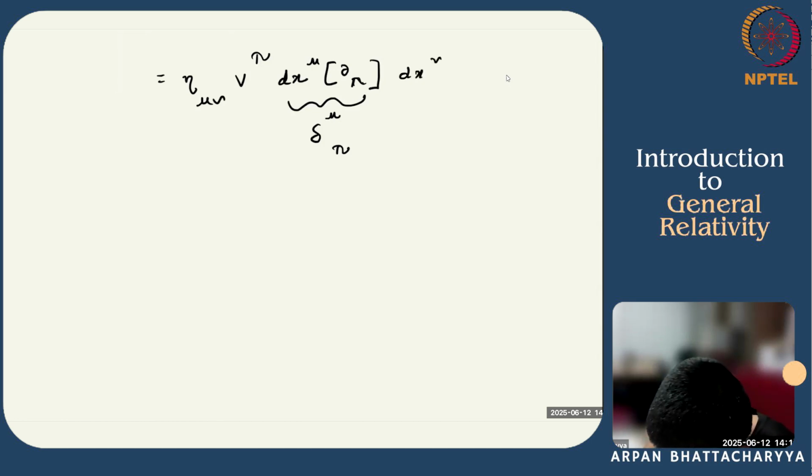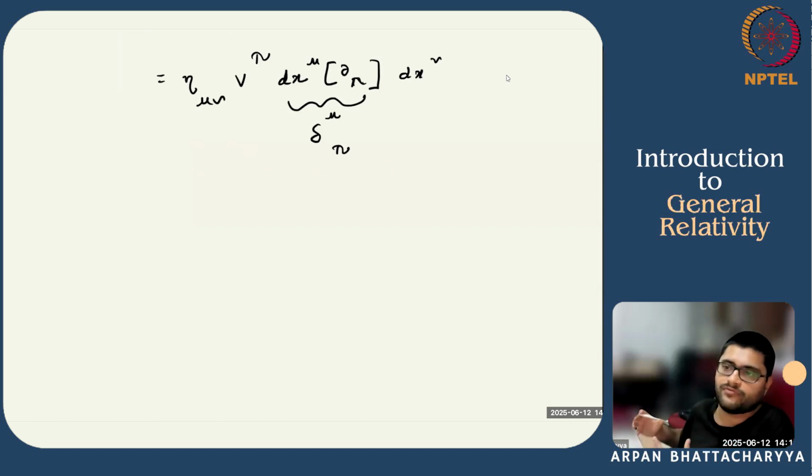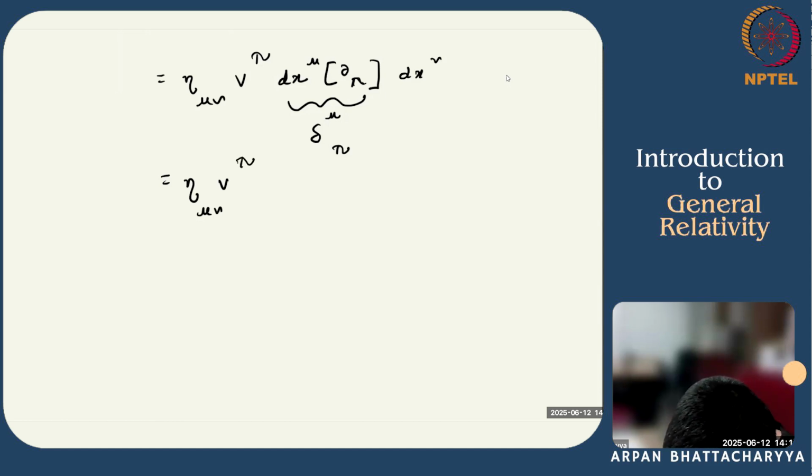We have dropped the tensor product notation because this is just some scalar number, and multiplication of a scalar with a one form can be done using ordinary multiplication.